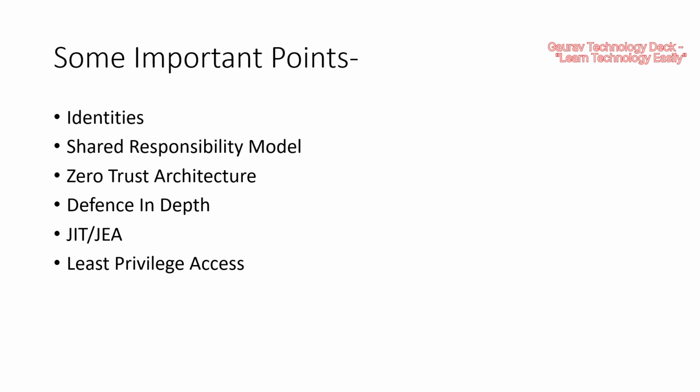Accounting is very important for audit purposes, for managing and checking what activities are happening and who is doing what in my infrastructure. So this is a very important part. I hope that now you have a fair understanding of these terminologies.